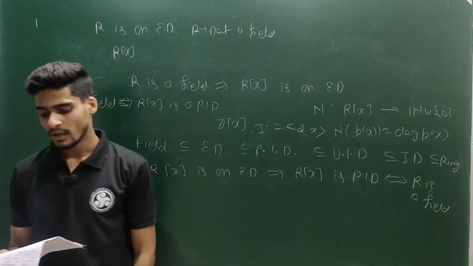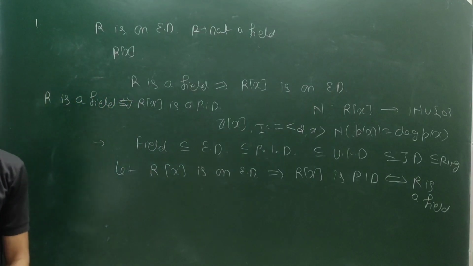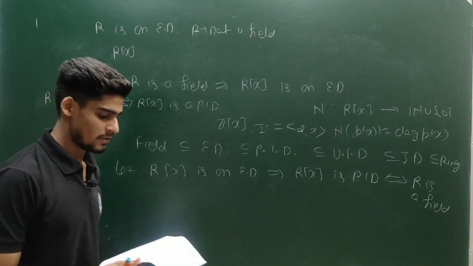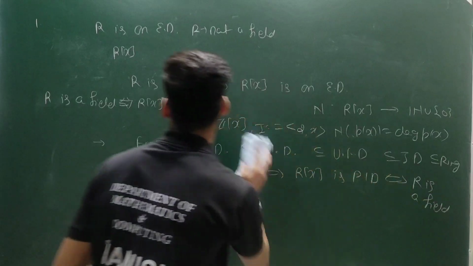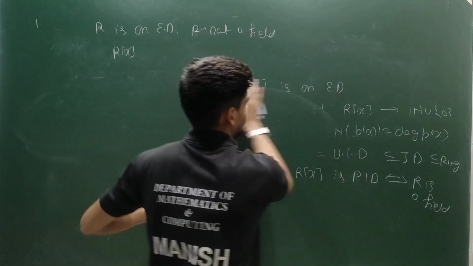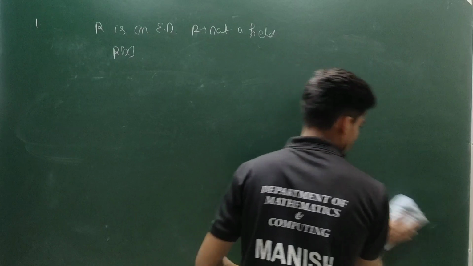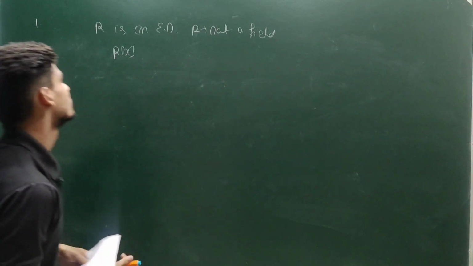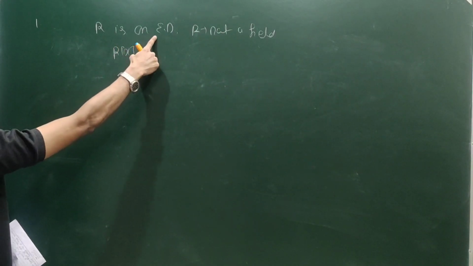Option C: a unique factorization domain but not a principal ideal domain. Can it be true? Let's see option C. This R is a Euclidean domain.